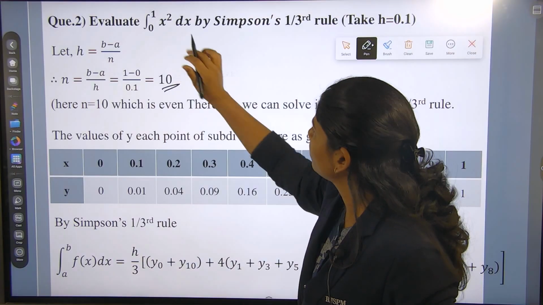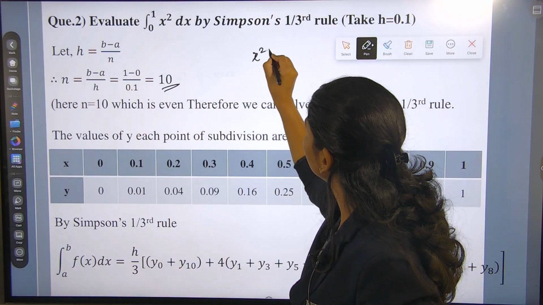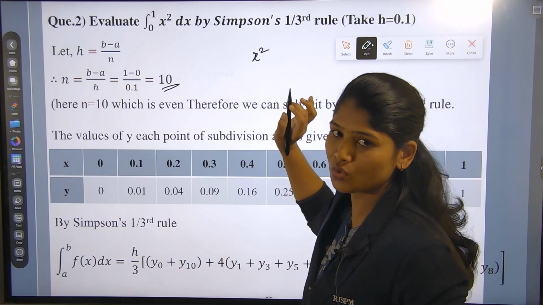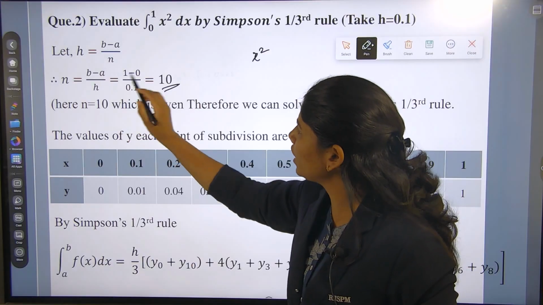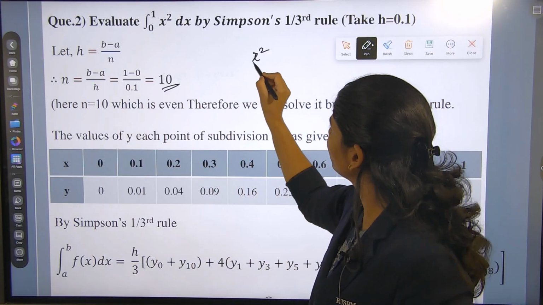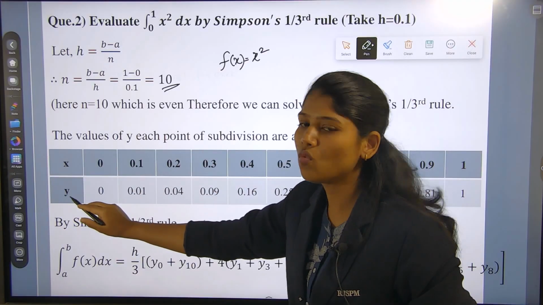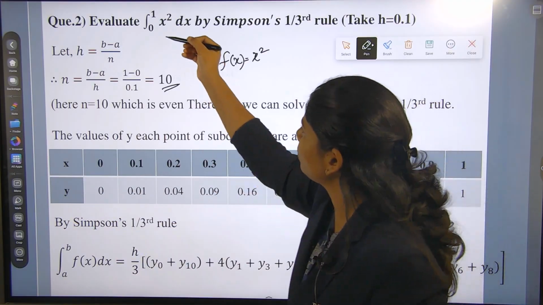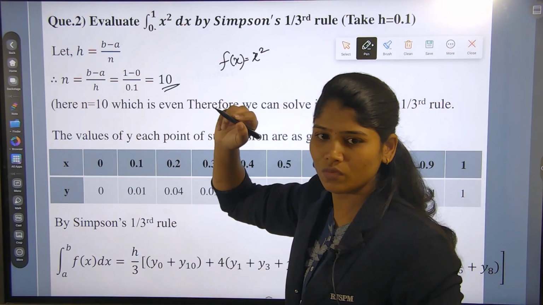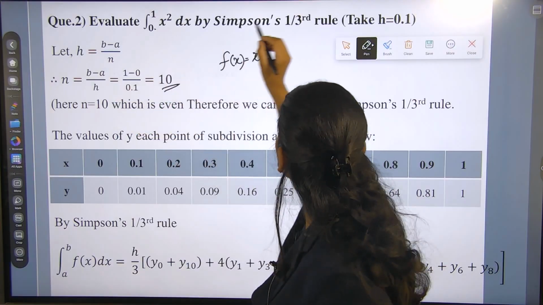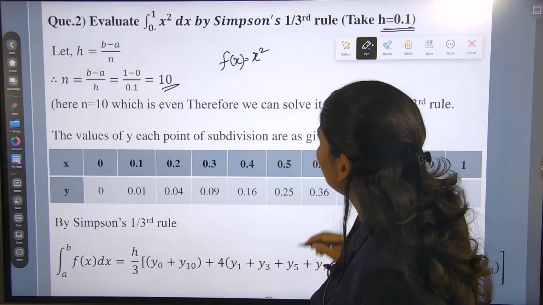Then the function is x square. The value of f of x is x square. So put each value of x in this function and we get the values of y. The first value of x is 0. Your h is 0.1.